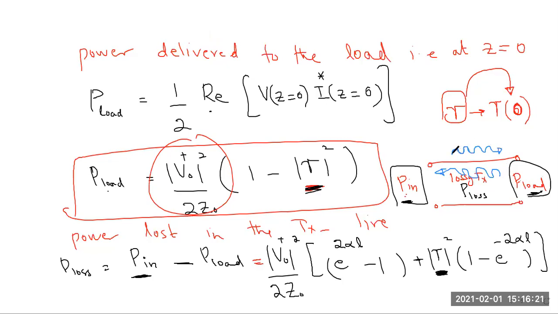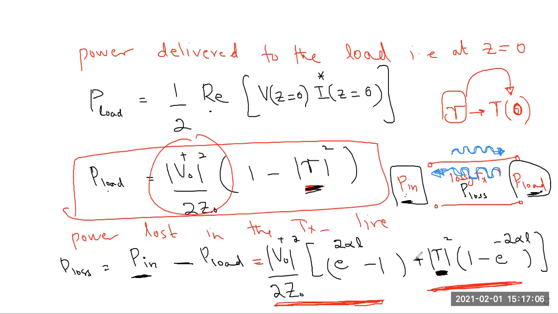This expression represents the power lost for the forward wave, and this part tells us how much power is wasted when the signal is traveling in the backward direction, towards the generator.